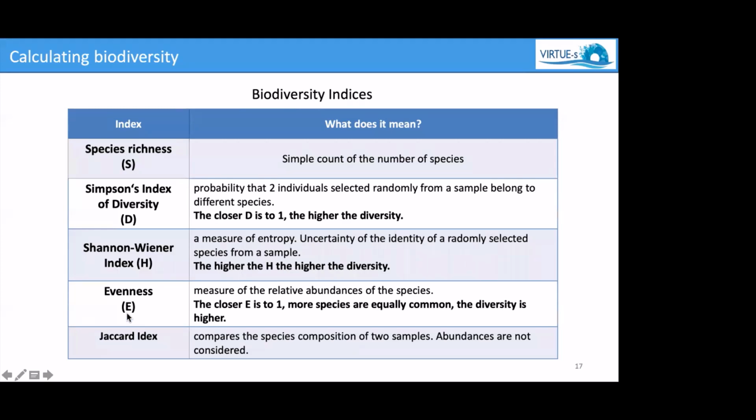And then from the Shannon-Wiener index, you can measure evenness, which is the measure of the relative abundances of the species. And the closer E is to 1, the more species are equally common. Diversity is higher. And the Jaccard index, as I have said earlier, compares the species composition of two samples. But here, the abundances are not considered.